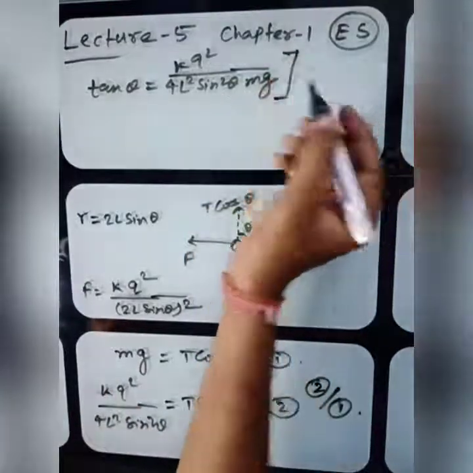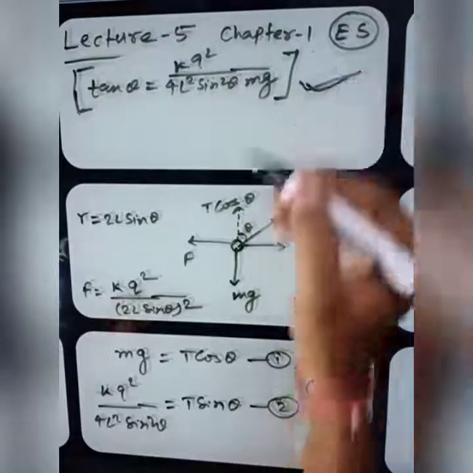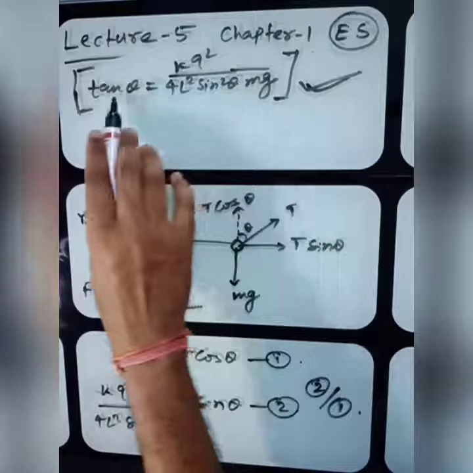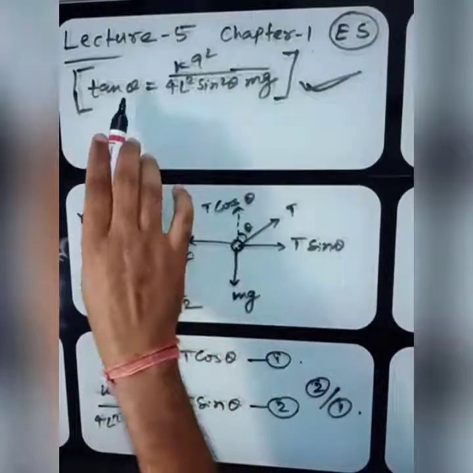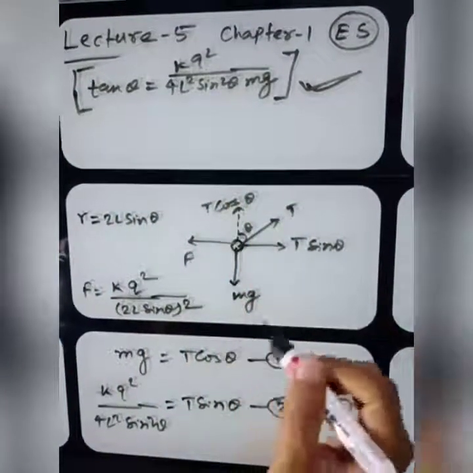So you have a general expression. Here you can correlate all the values, and sine theta can be calculated with the help of this tan theta, and you can find the relation between theta and L. You have to find out the tension.